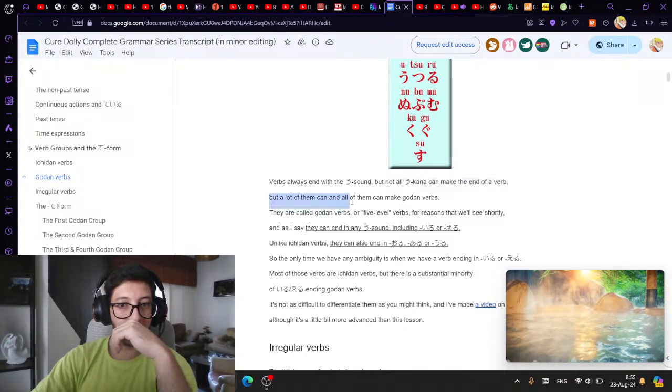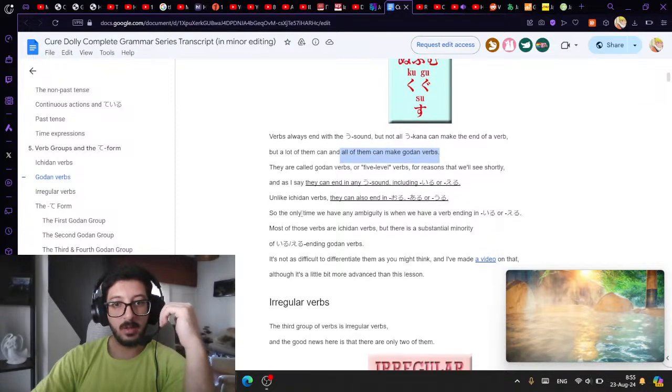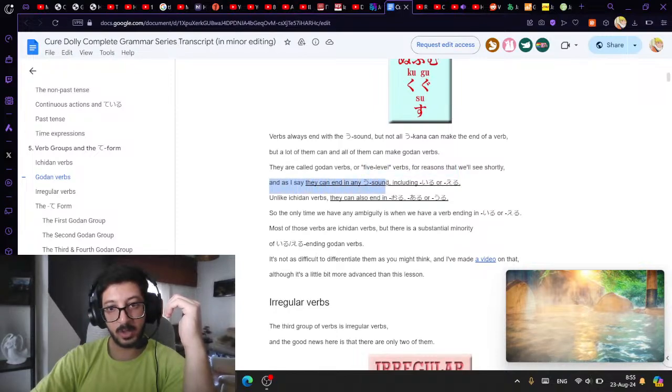But a lot of them can, and all of them can make Godan verbs. They are called Godan verbs or five-level verbs for reasons that we'll see shortly. And as I say, they can end in any u sound, including iru, eru.